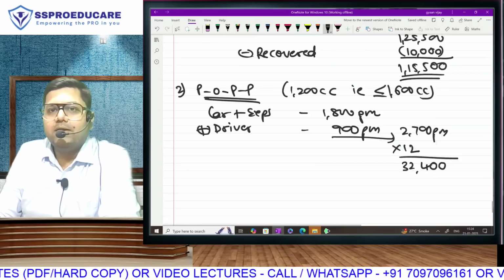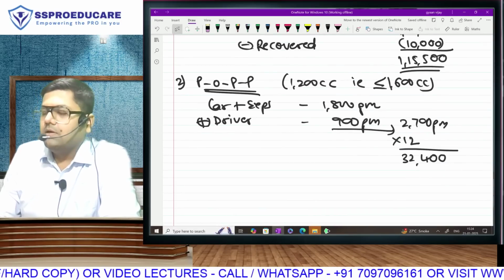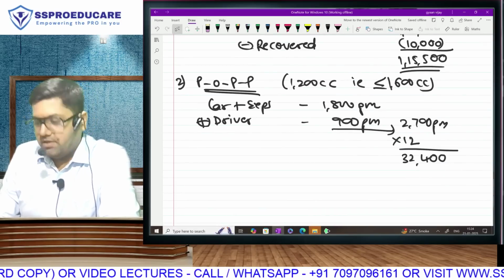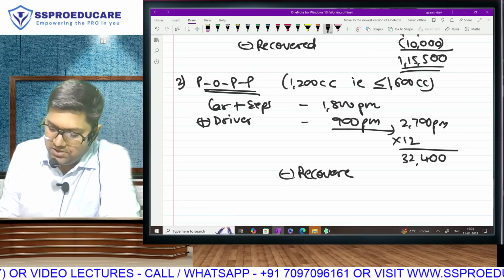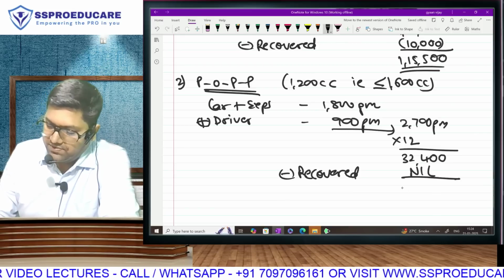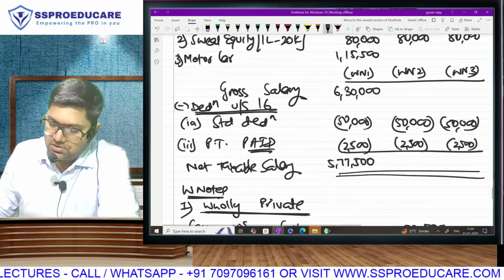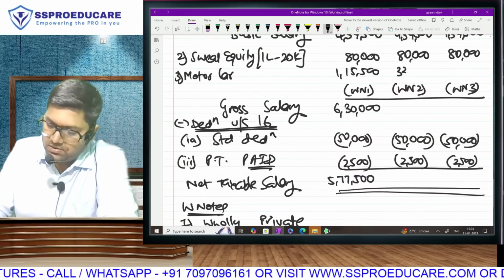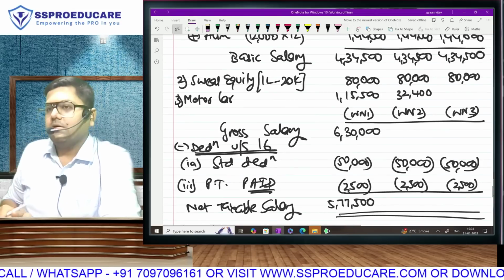Correct? Have they given recovery? Yes. So how much will we subtract? Nothing, because in notional valuation, recoveries will not be subtracted. So 32,400, and complete this please.